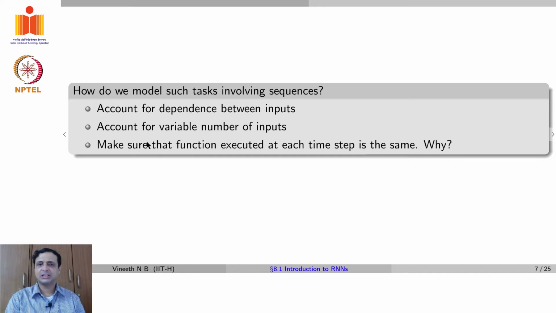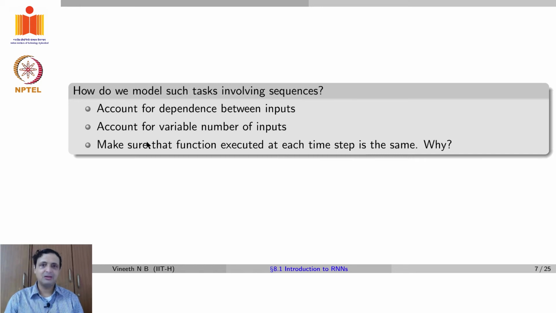A third consideration is how do you ensure that the function executed at each time step is the same? Why do we need this? Irrespective of where a frame was in a video, you want to have the same logic to execute your prediction.